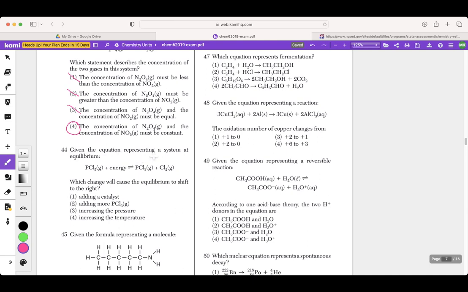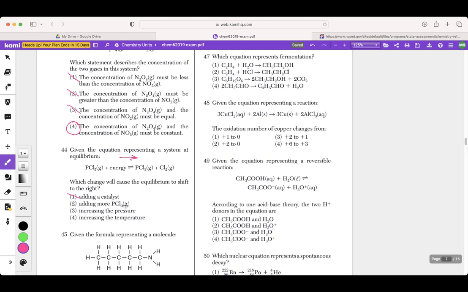44. Given the equation representing a system at equilibrium, which change will cause equilibrium to shift to the right? So I want to go this way. This is Le Chatelier's principle. Now, if I add a catalyst, I'm speeding up both reactions, both the forward and the reverse. So choice 1 isn't going to be practical because I want to shift it to the right.